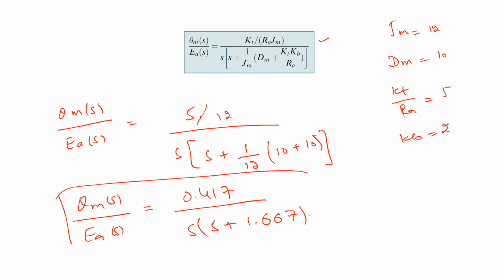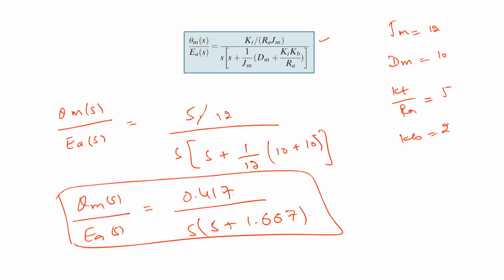So we have found theta m divided by Ea, but if you read the statement of the question closely, we were actually asked to find theta L divided by Ea. Now the question is, how do we find theta L divided by Ea? We don't know the expression for theta L divided by Ea.